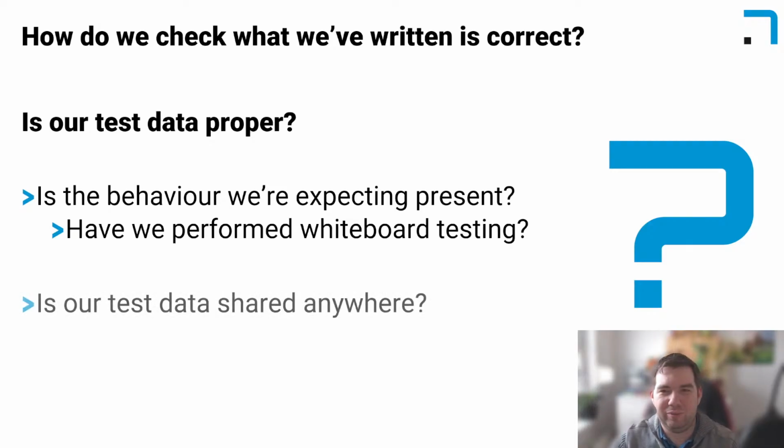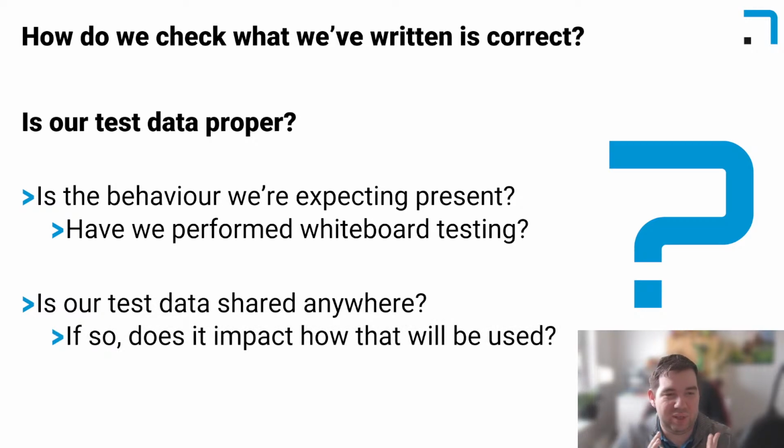Then with our test data, we need to look at whether it's shared or stored anywhere. Because shared is a really key thing. If we're looking at a piece of test data that we use over and over in our tests, then it really matters if that data is changed in some way, because how it's changed shouldn't impact how it can be used in other tests.